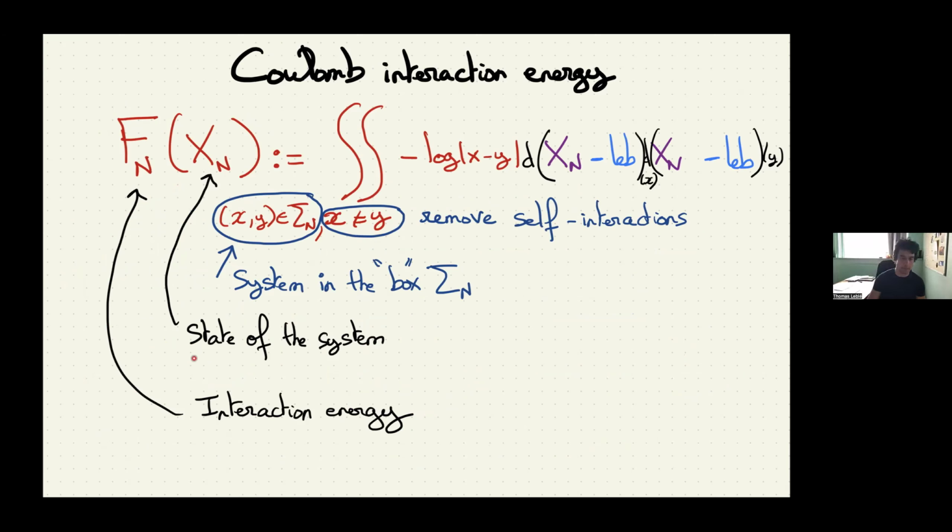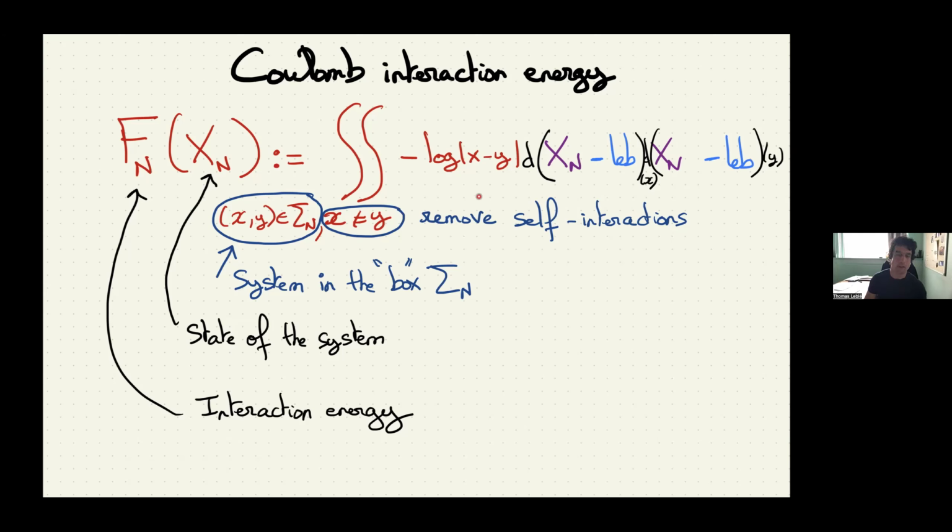And when you fix the state of the system, then the next thing you want to do is to define the energy. And the nature of the 2D OCP is that the energy is a Coulomb interaction energy, denoted by a big Fn. And here's how it looks.